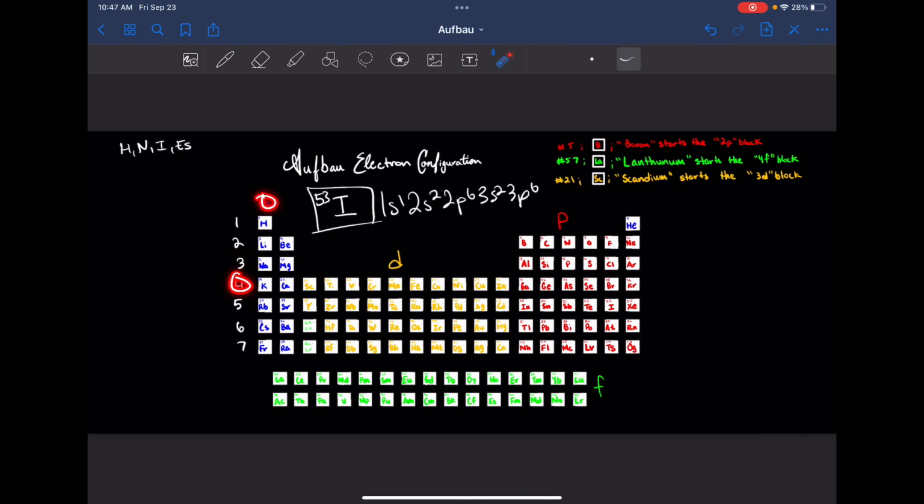Okay, so we stopped at 3p6, so now we're moving to the 4. So 4s1, 2. And here we come across another rule. So we see the D block is here in yellow. Atomic number 21, scandium, starts the 3D block. So the first level of the D block is 3. There is no 1 or 2, but there is a 3.